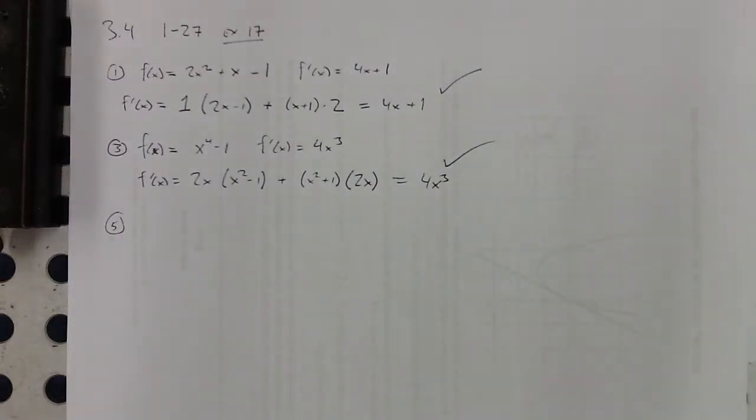Number 5, find f prime of x. Now, I'm going to tell you something right now that's important for you now and in lots of other sections in our book. If you look in the back of the book, they're going to give you some kind of simplified version of the answer, usually. And for me and for the College Board, you do not have to simplify.